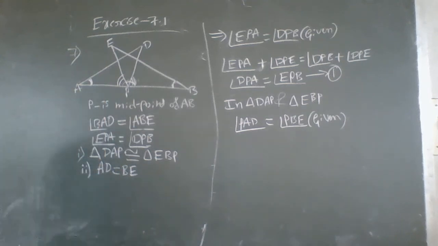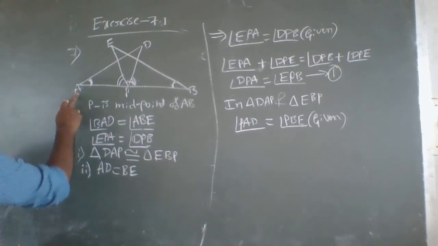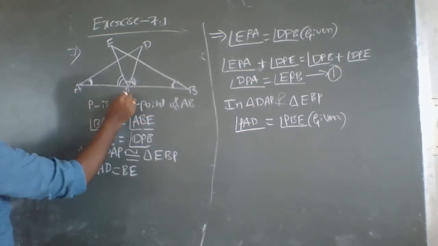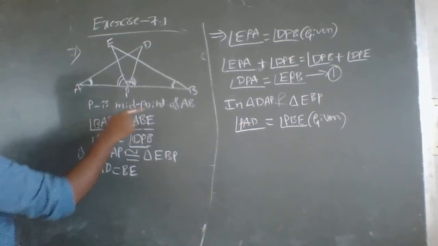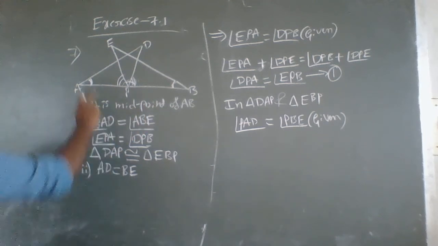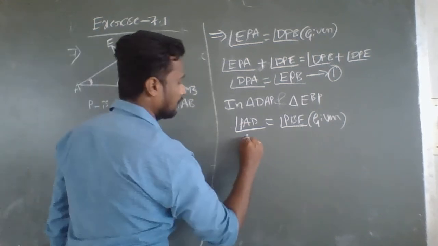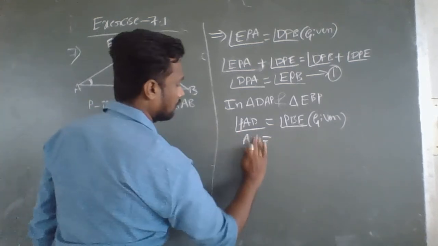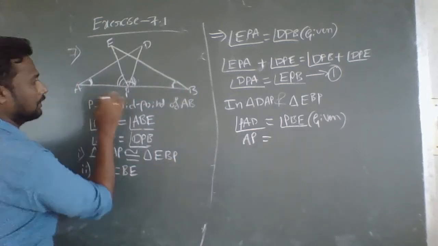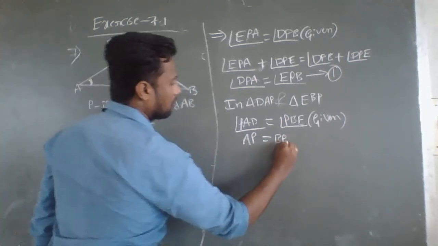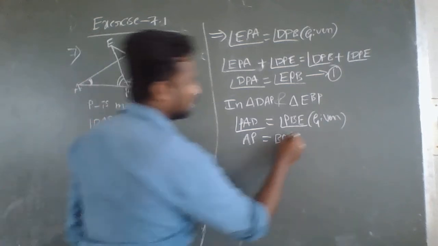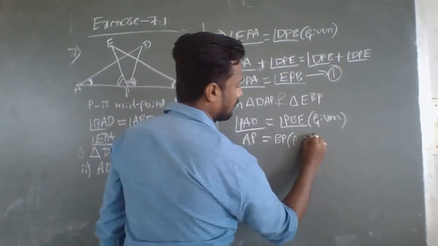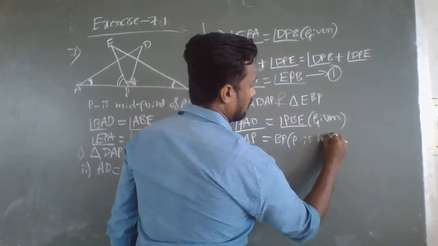Now I will write AP is equal to BP. Here AP is equal to BP because P is the midpoint. They have given that P is the midpoint of line AB. Therefore, side AP is equal to BP because P is the midpoint.